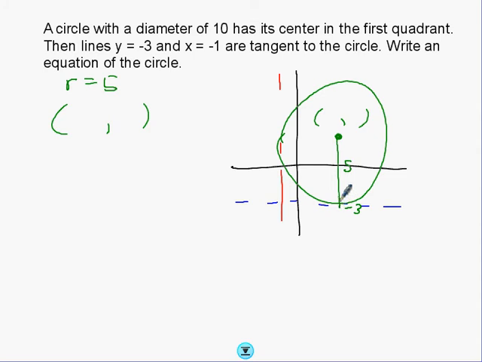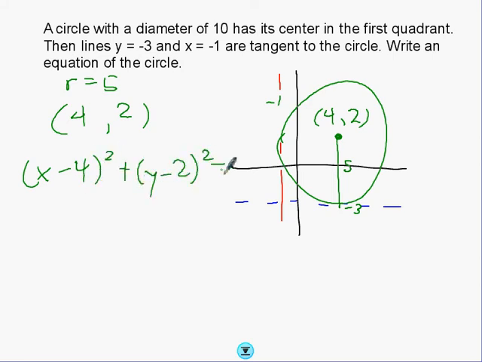And if the radius is 5, I'm going to go up 5. Negative 3 plus 5 is positive 2. This was negative 1, and if the radius is 5, I'm going to move 5 to the right. Negative 1 plus 5 is positive 4. So the center is (4, 2). The radius is 5. I can write the equation quite easily. And 5 squared is 25. That's all there is to it.